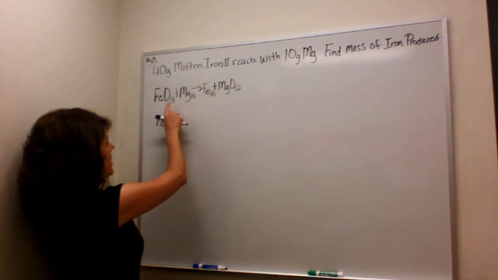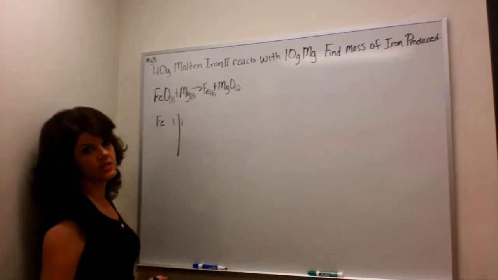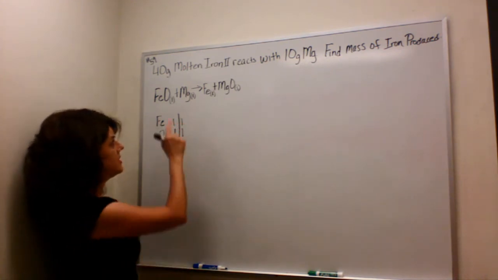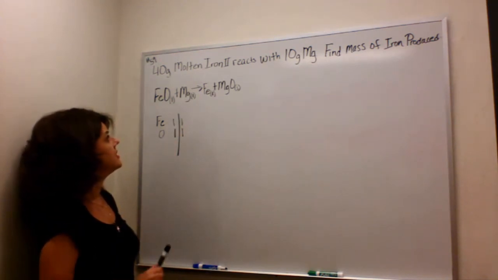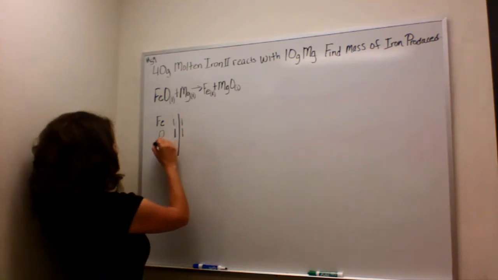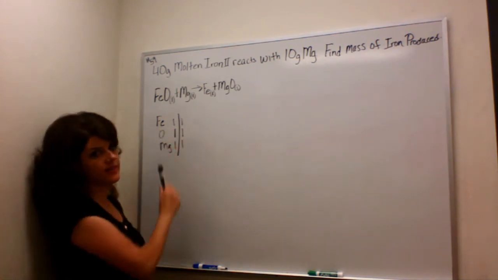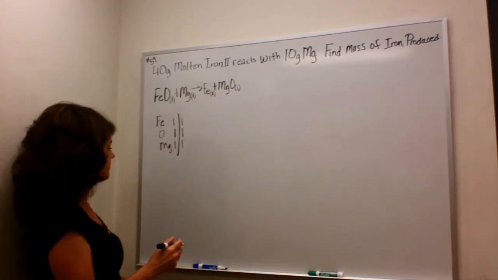Next is oxygen, one oxygen here and one oxygen over here. And last is magnesium, one magnesium on the left and one magnesium on the right. Now I know everything is 1 to 1, and so the equation is balanced.